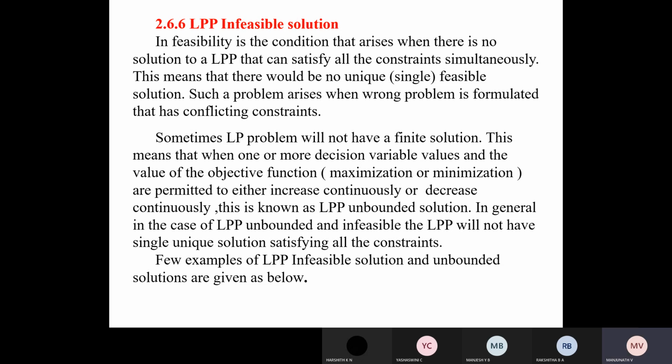Bounded means closed, closed area graphically.